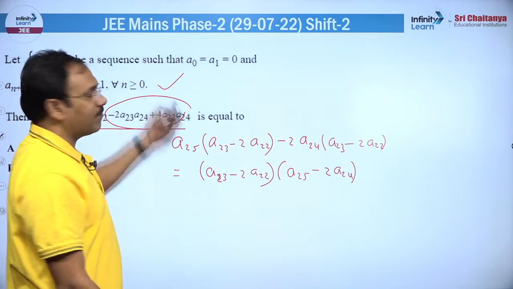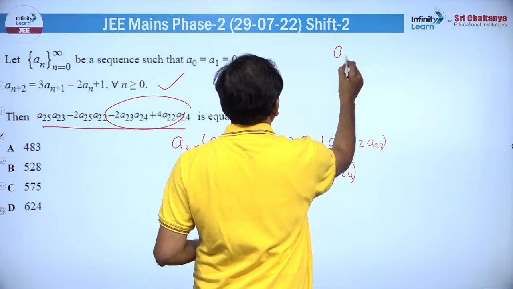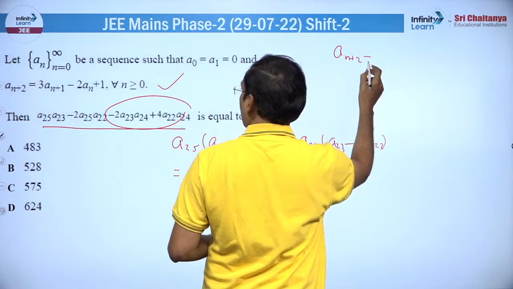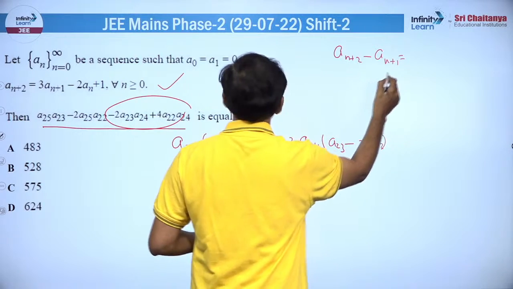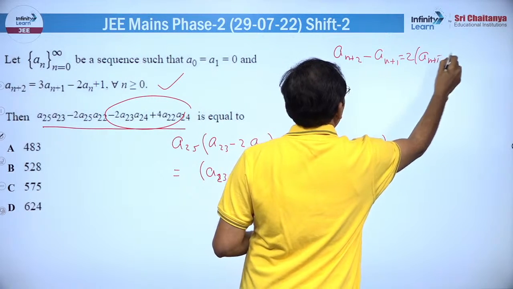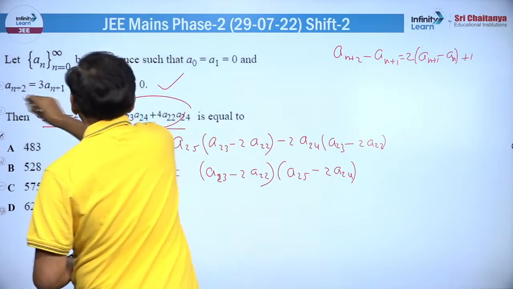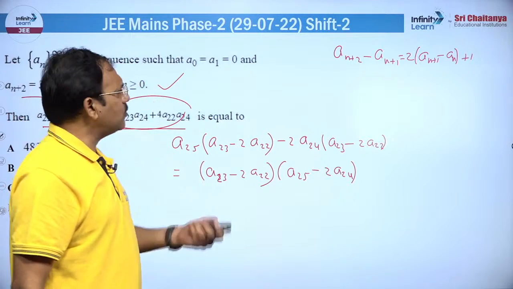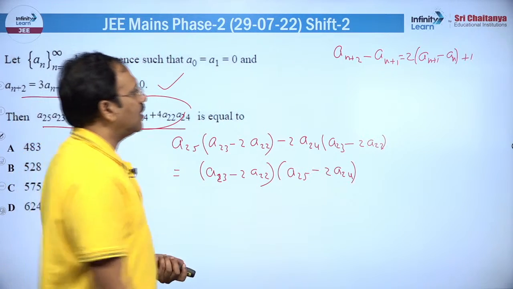So, such kind of pattern you need to prepare. Here, my dear friends, what you need to do is write a n plus 2 minus a n plus 1 as twice (a n plus 1 minus a n) plus 1. Now you simply put n equal to 0, 1, 2, 3, keep on giving.